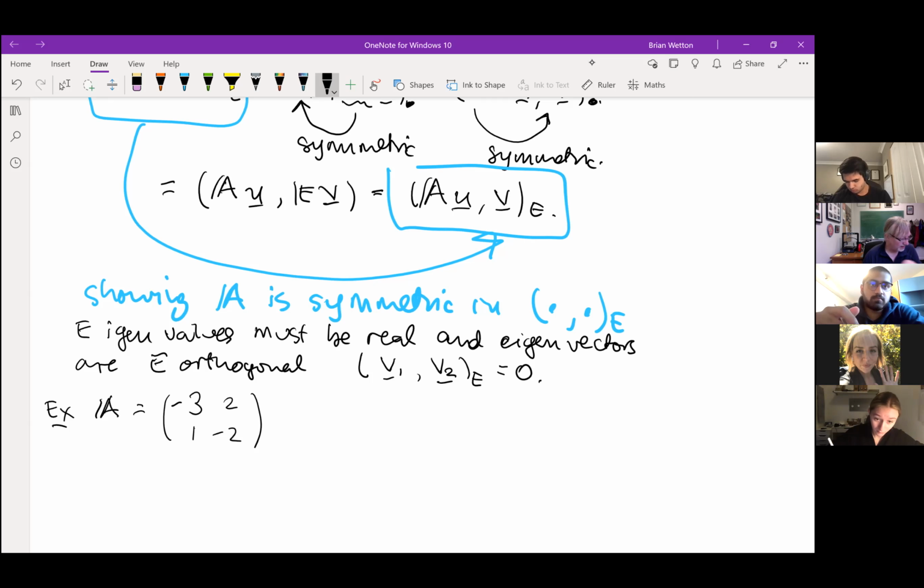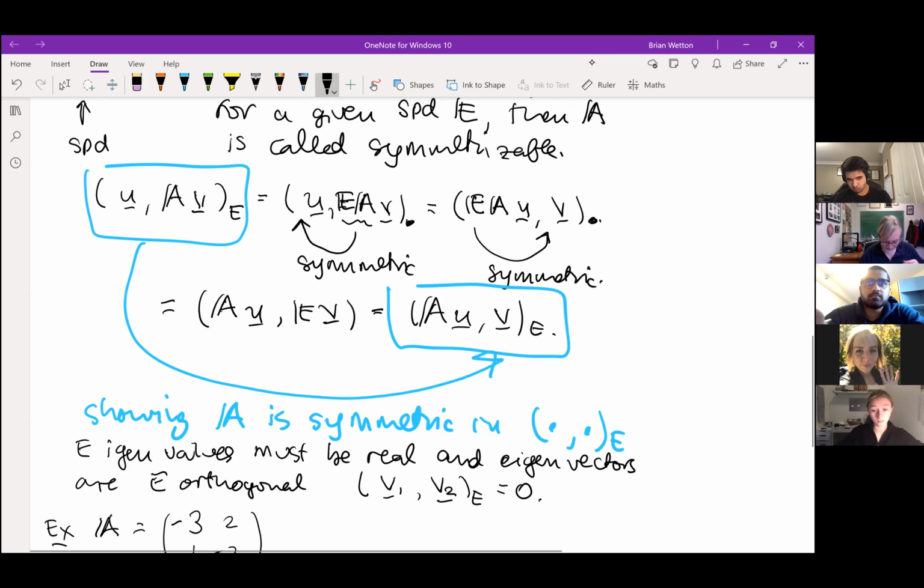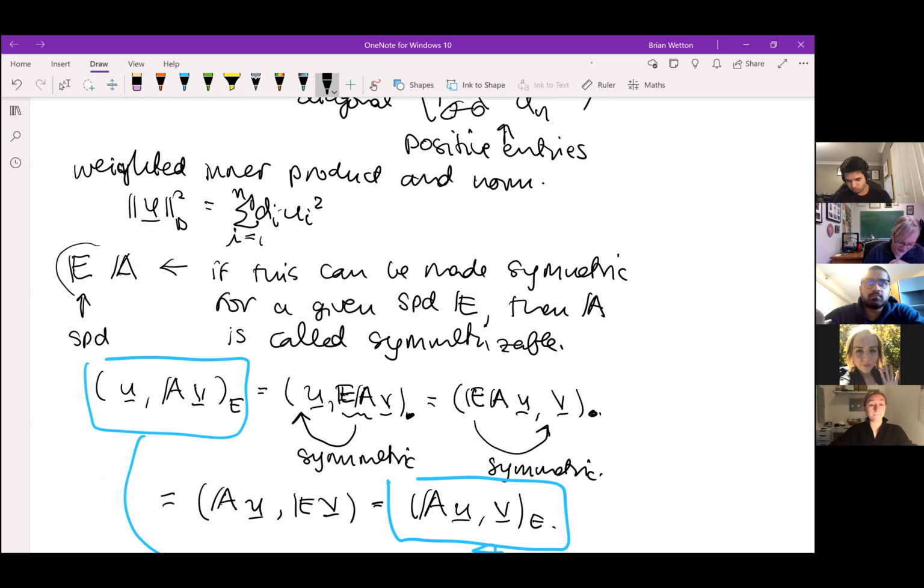Oh, there's a question coming. Yeah, so in this thing up here, we're assuming that this is symmetric. So the matrix A wasn't symmetric, but we managed to find this E so that E times A was symmetric, and then all these properties follow.